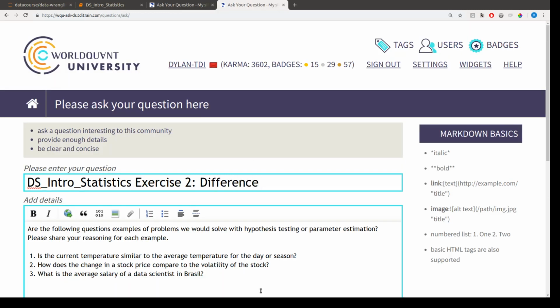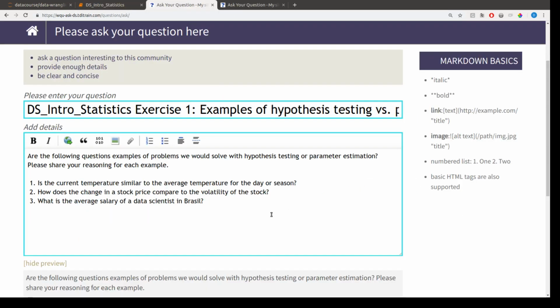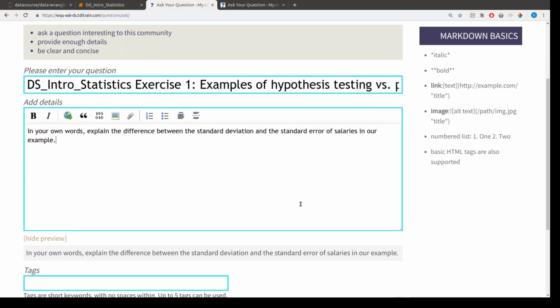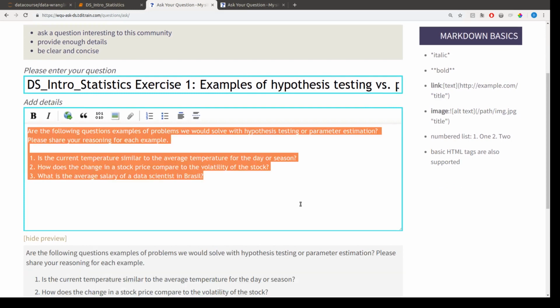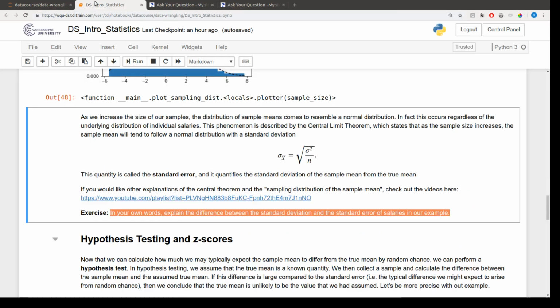Difference, or standard deviation versus standard error of the mean. There we go. So I'm going to now conclude this video about standard error.